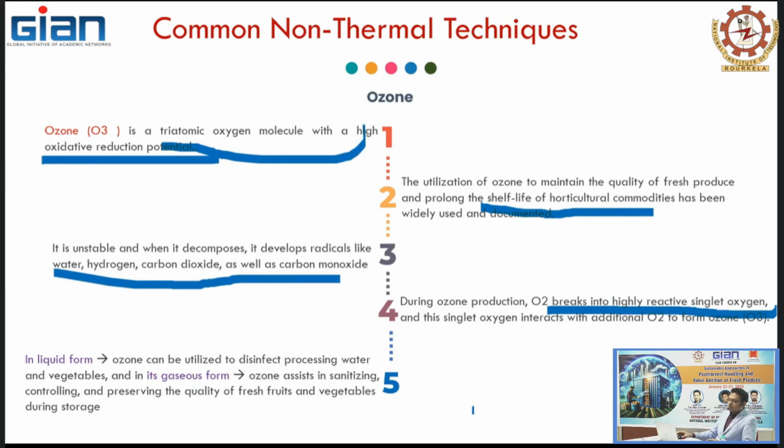Ozone treatment is sometimes used as a disinfectant in processing. Sometimes they make disinfected water, ozonized water, for treating the products. They may use it in liquid as well as gaseous form for all fruit and vegetable categories.